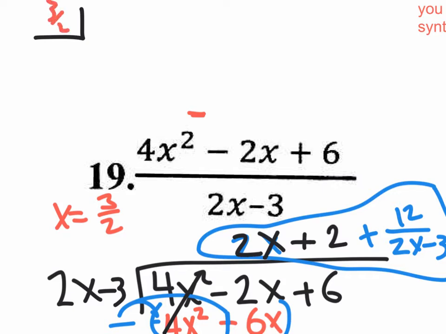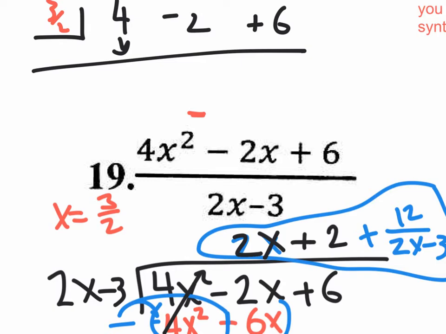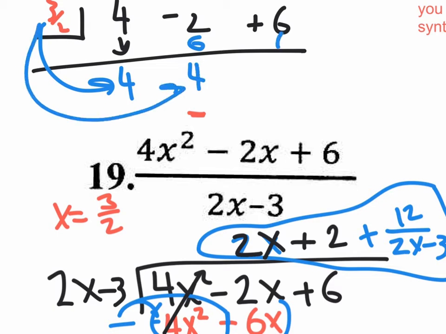Now that's already ugly, and then you'd have to put your coefficients 4, negative 2, and positive 6, and then the 4 would come down, and you'd have to multiply through it, and guess what? It's not going to work out, because if the 4 comes down, 3 halves times 4 is 12 halves, which is 6, and then that gives you a 4, and then 3 halves times 4 is again 6, and that gives you a remainder of 12.